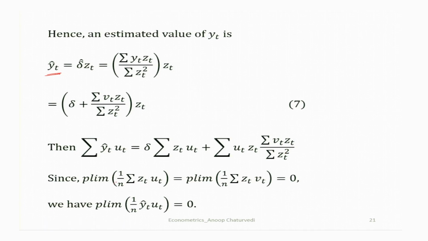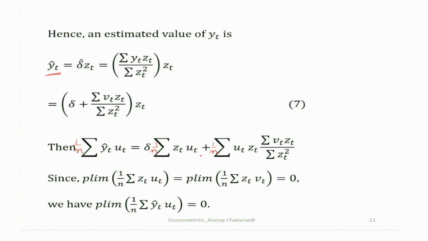And then we take the probability limit of 1 upon n summation z t u t, which is equal to 0. Similarly, the probability limit of 1 upon n summation z t v t is also equal to 0. And this shows that if you take the probability limit of 1 upon n y t hat u t, we divide both sides of this equation by n, and then we take the probability limit.